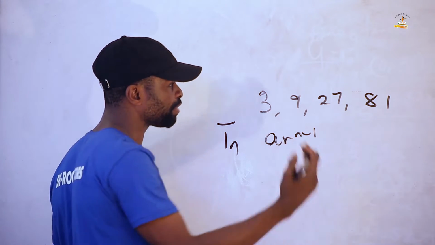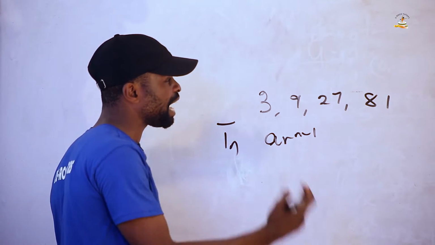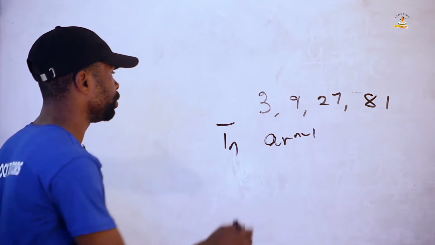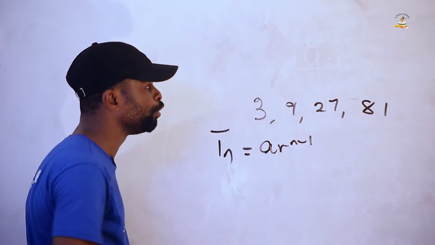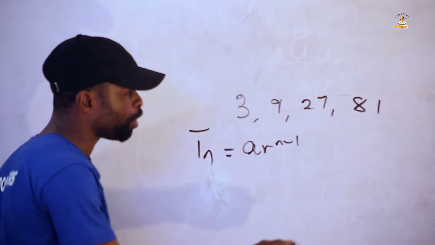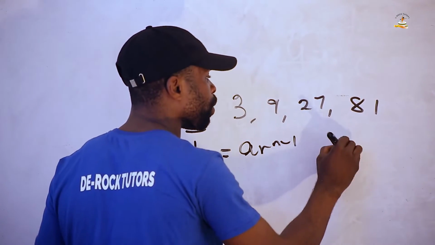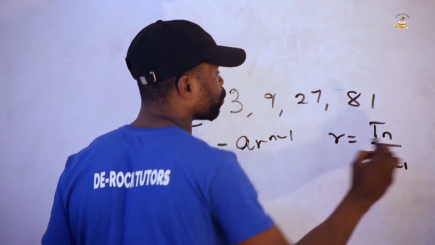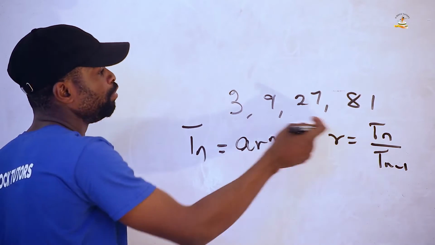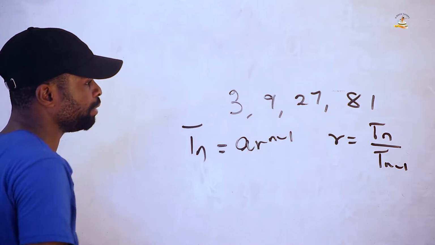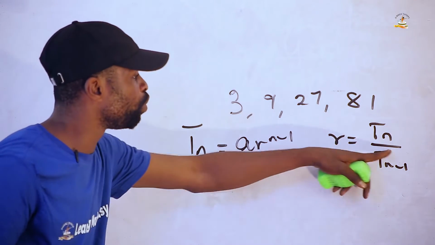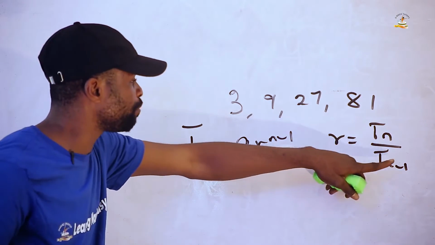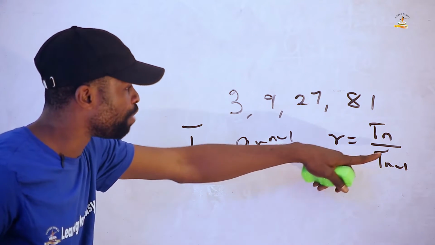The successive terms don't have a common difference, and as such, you test for the common ratio. And how do you obtain the common ratio? Generally, the common ratio r is Tn over Tn minus 1. In this case, if you want to test using the first two terms, it's going to be T2 over T2 minus 1. Therefore, it's going to be T2 over T1.